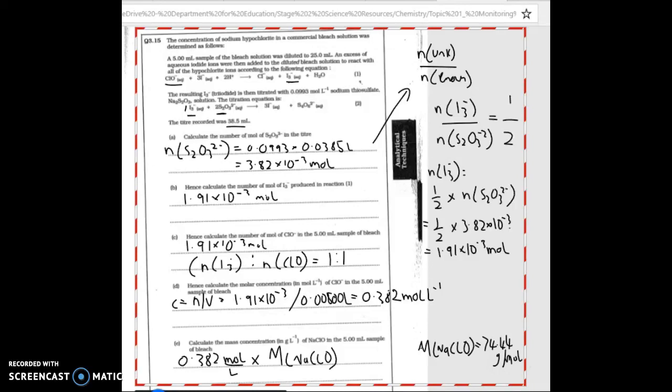Okay, if we go back, I'll just get rid of that so we can write a bit. We times that by our molar concentration, 74.44 grams per mole.